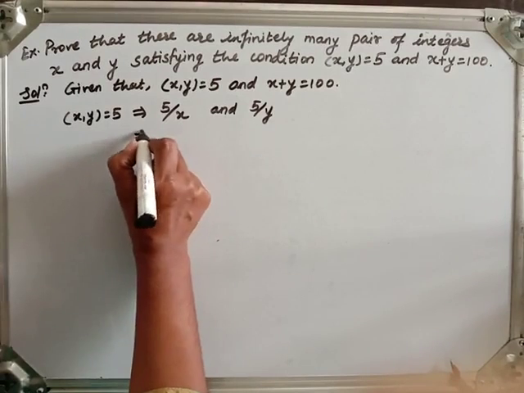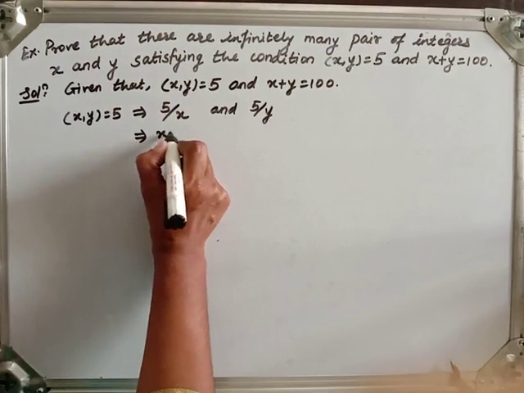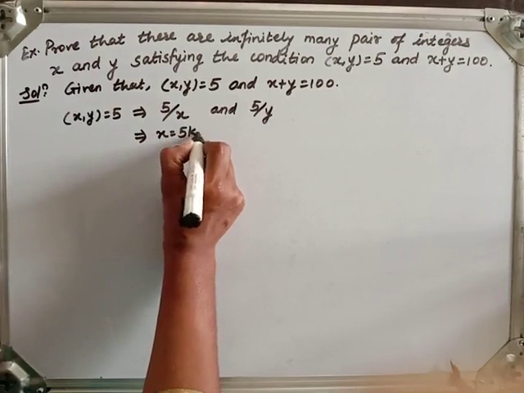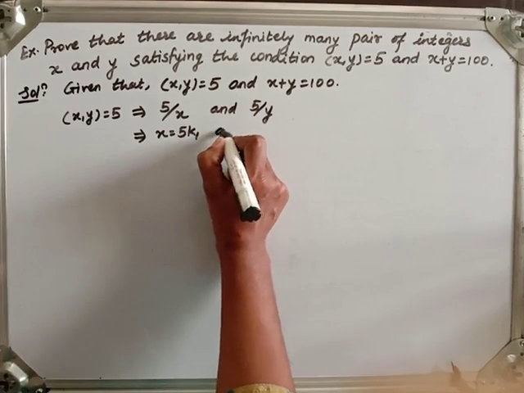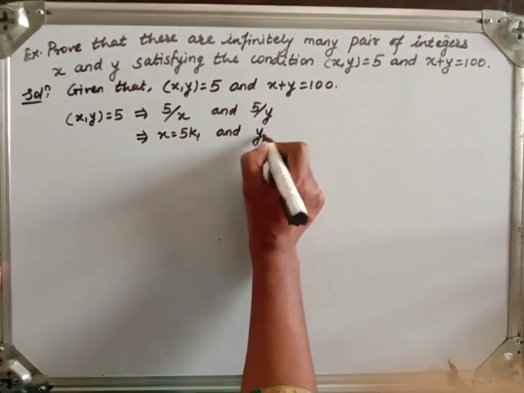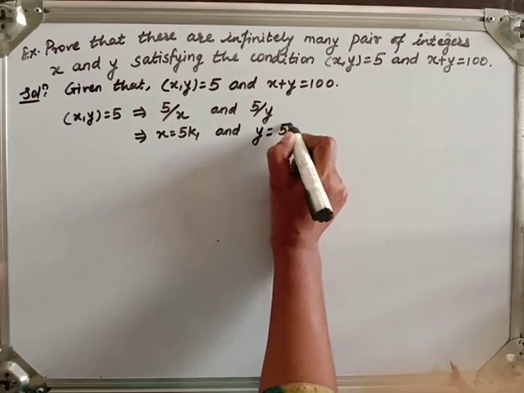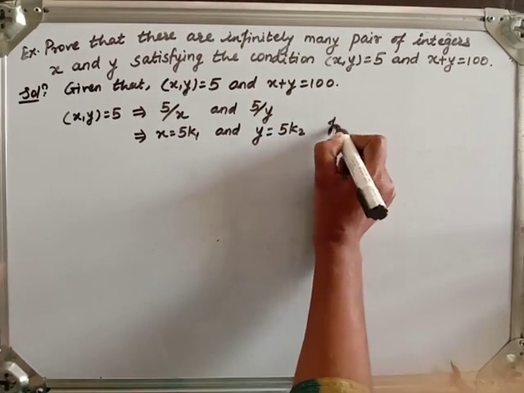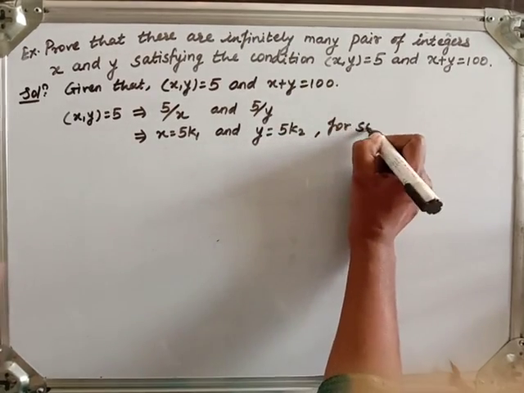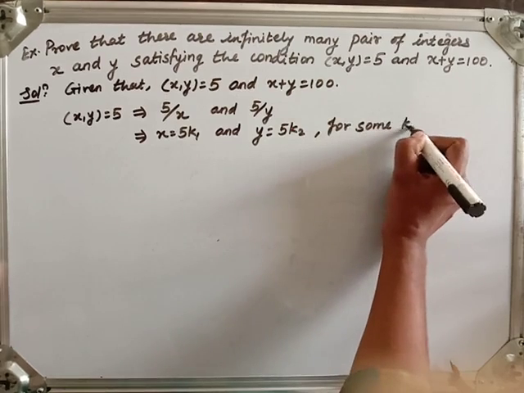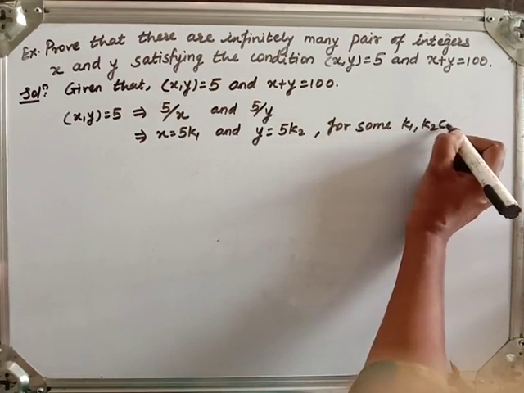Now 5 divides x means x is equal to 5 times some integer, and 5 divides y means y is equal to 5 times some integer. So for some k1, k2 belongs to Z.